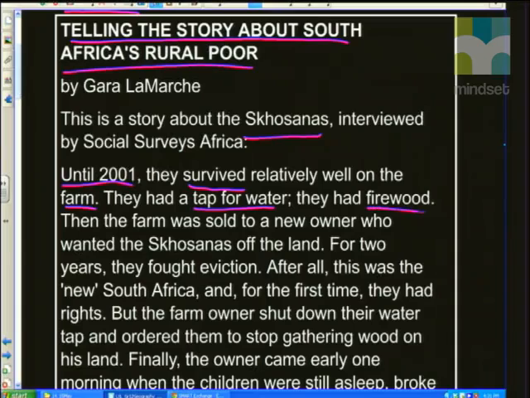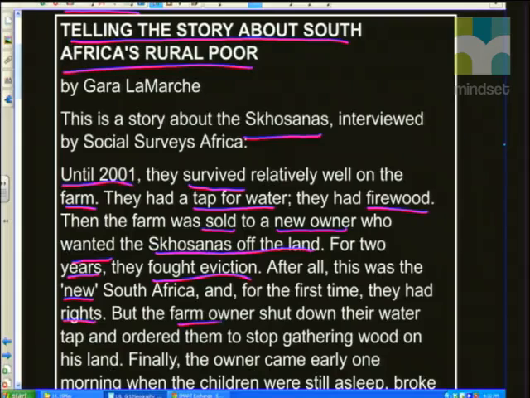They had firewood, which is obviously their means of cooking, of warmth. Then the farm was sold to a new owner who wanted the Skosanas off the land. For 2 years, they fought eviction. After all, this was the new South Africa, free from apartheid supposedly. And for the first time, they had rights.